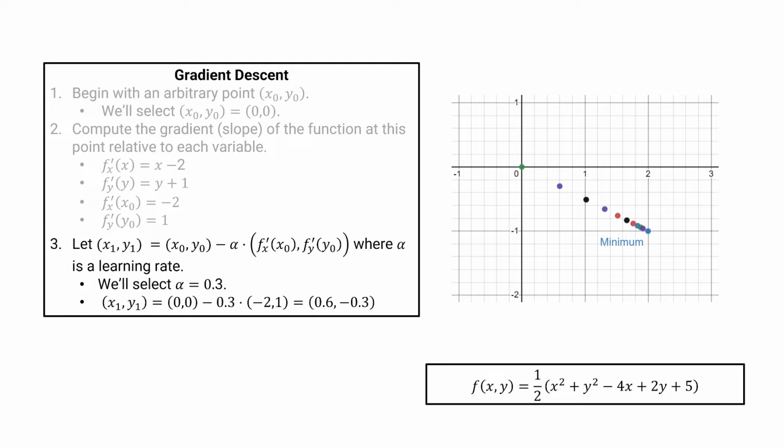All right, now remember, minus 2 and plus 1 are going to be the gradients, and we want to move against the gradient if we're trying to minimize. We want to move down. So we're going to subtract those gradients off. And again, keeping in mind, we're going to apply a learning rate as we go as well. In this case, I'm going to select my alpha to be 0.3 for this example. Why? Well, I tried it out with 0.1. And when I did that, it was moving very slowly towards the minimum, so I wanted to speed it up.